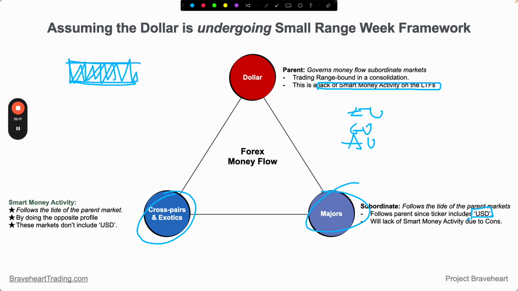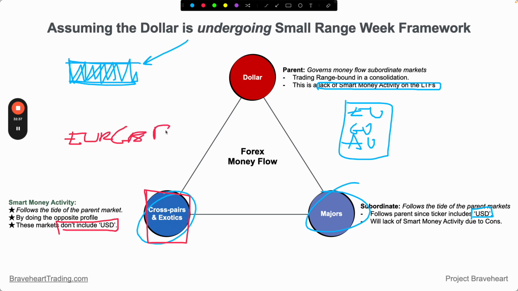So if there's dollar in it and the parent says I'm in a holding pattern, this means the majors are also in a holding pattern. The difference for cross pairs and exotics now is they don't include the USD in their ticker. This would look like Euro GBP, or GBP AUD. There's no USD in the ticker.